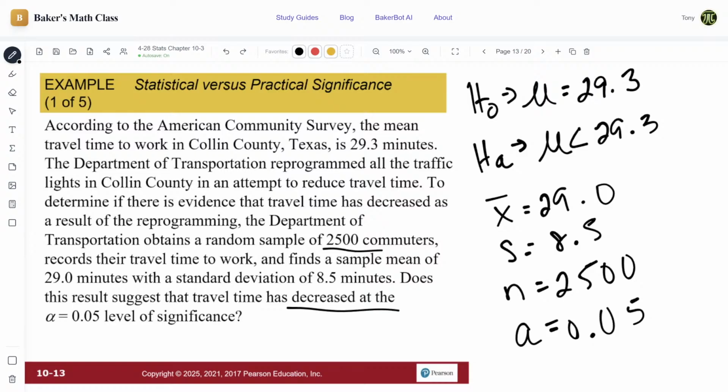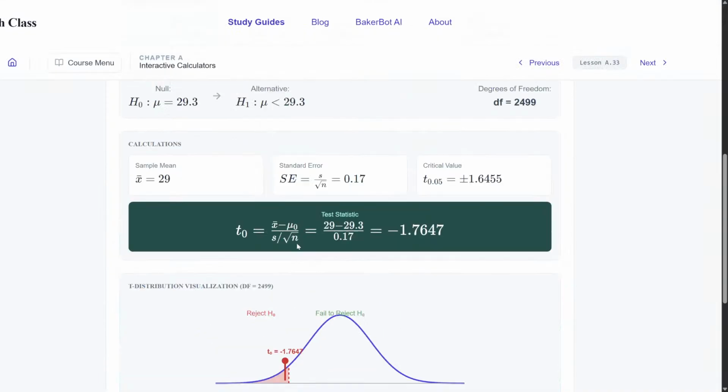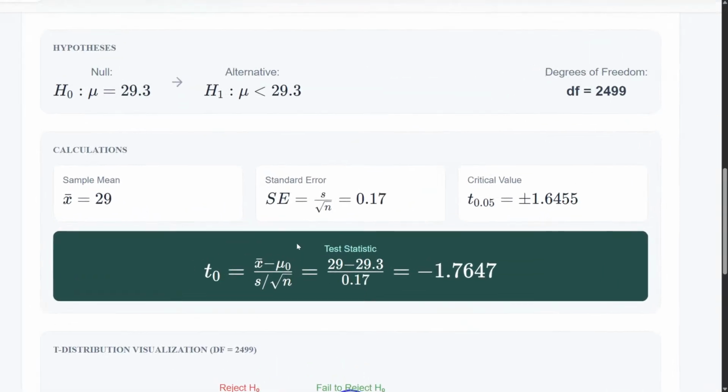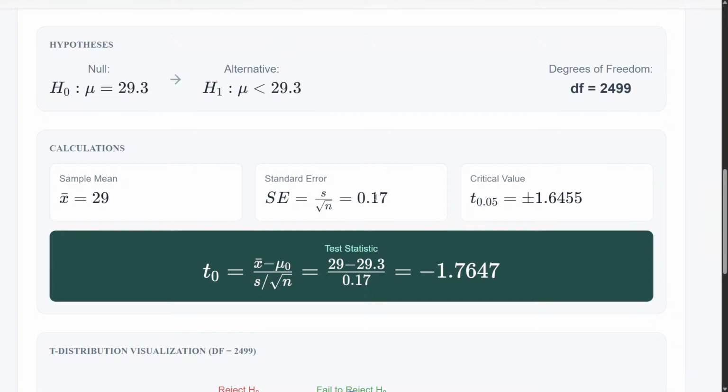What number seems out of whack compared to the other problems we've done so far? Yeah, they did 2,500 people. They had a huge sample size, which means that my standard error is really small. And that's why it pushed it over.